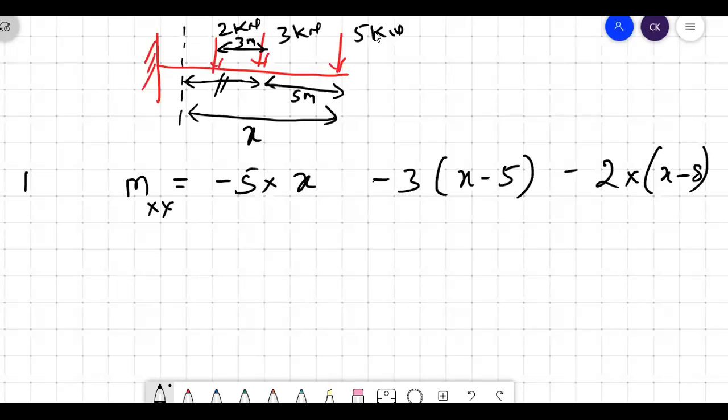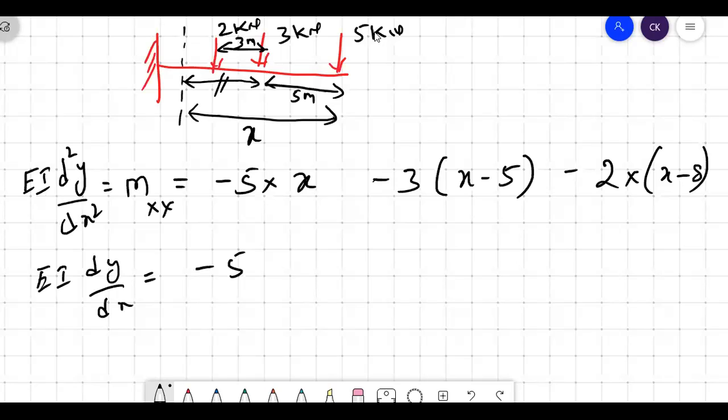So I can write EI d square y by dx square is equal to that value. And I need to integrate the values on both sides. So integrating, EI dy by dx is equal to minus 5 times the integral of x, we get x square by 2, minus 3 into the integral of x minus 5, so we get x minus 5 whole square by 2.